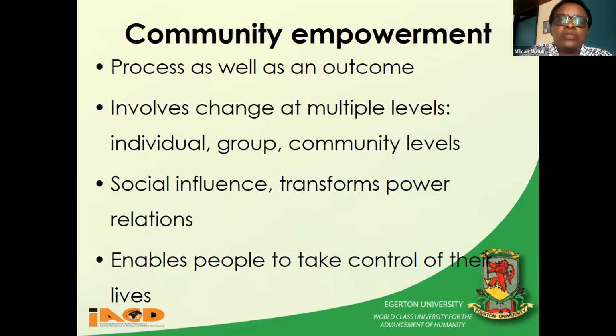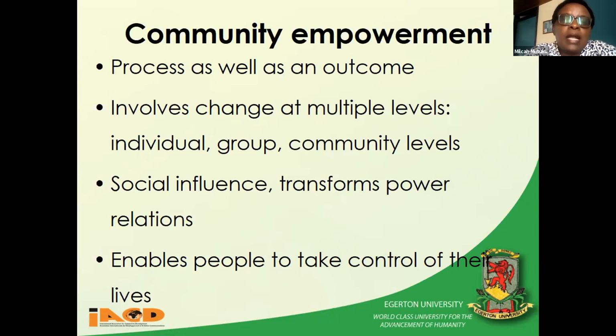It is about social influence, it's about transformation of power relations, and more so enabling people to take control of their own lives. And that is what really excites us at the department, where we can see people taking control of their own lives.